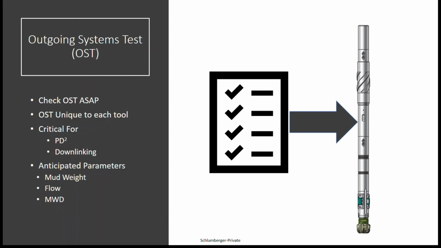So what mud weight you plan on running, anticipated flow ranges. Do these flow ranges for this tool match your MWD flow ranges? And other things like real-time comms, or whether or not you need gamma ray. So remember, check this sheet out, confirm the critical points, and hopefully you will be fit for duty.